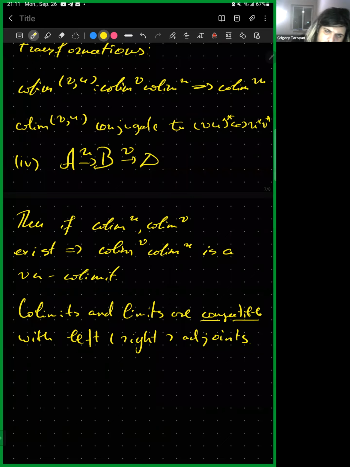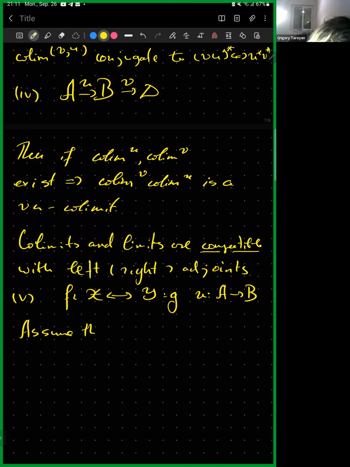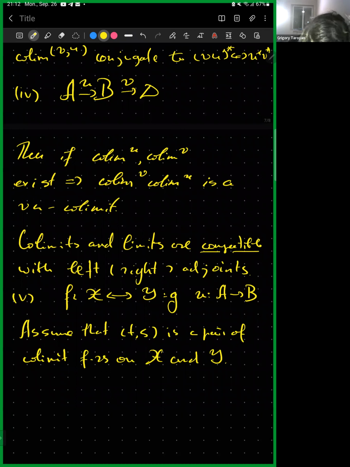What this precisely means is that assume that we have an adjunction F, G between categories X and Y, and we have a functor U from A to B. And then assume that T, S is a pair of colimit or limit functors on X and Y. So T is a colimit functor on X, and S is a colimit functor on Y.